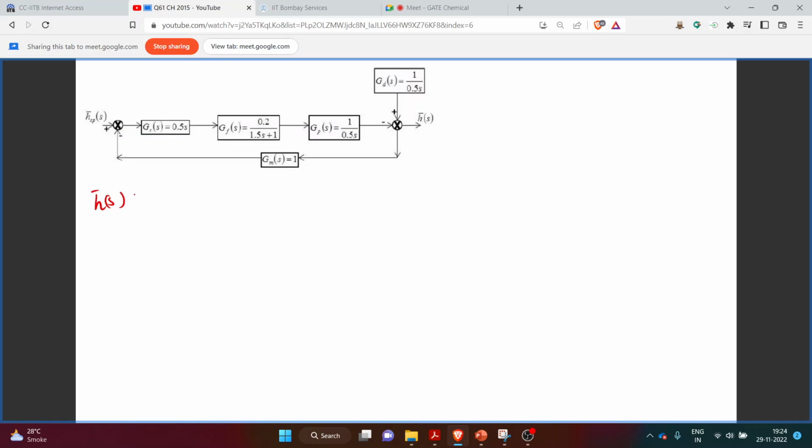We will have h bar s equal to 2 upon 15, a was 1 upon 0.8, and b was minus 1 upon 0.8, with s into s plus 0.8. Now we have to take the Laplace inverse of this term, so h of t will be 2 by 15.